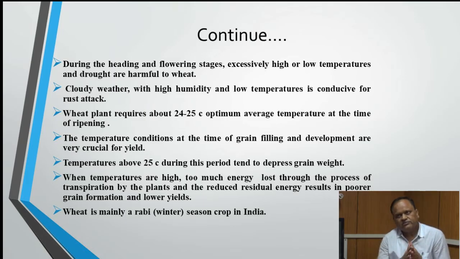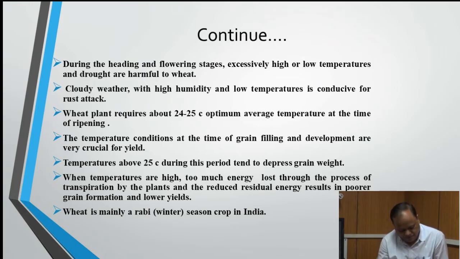During the heading and flowering stage, excessive high or low temperature and drought are very harmful to wheat crop. Cloudy weather with high humidity and low temperature is very conducive for the rust attack.